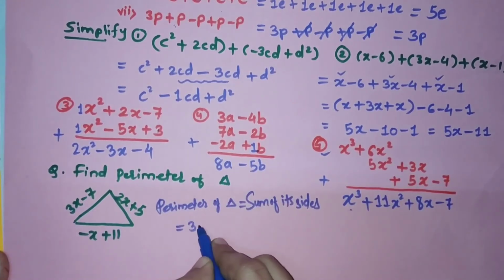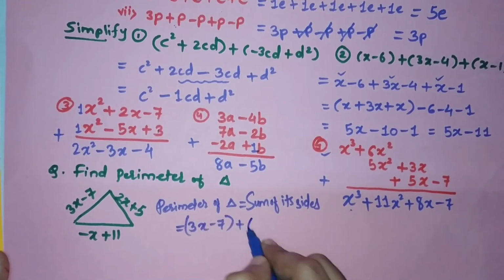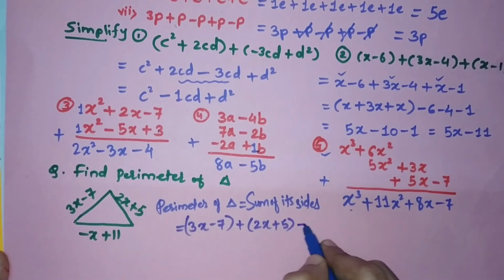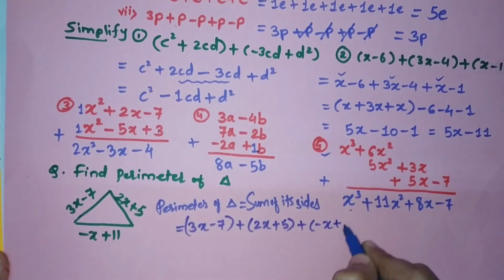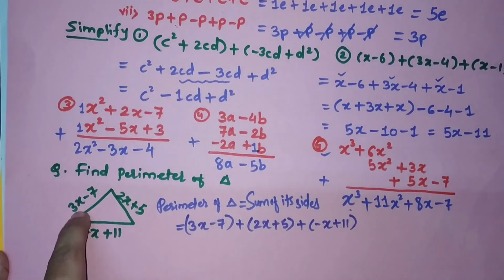Here first we'll write 3x minus 7. You need to add it with 2x plus 5, which is another side, and the final side is minus x plus 11. So friends, here are the three sides of a triangle, and the side lengths are given in terms of binomial expressions.